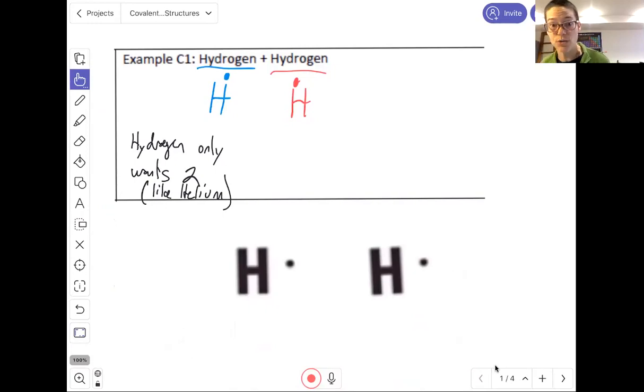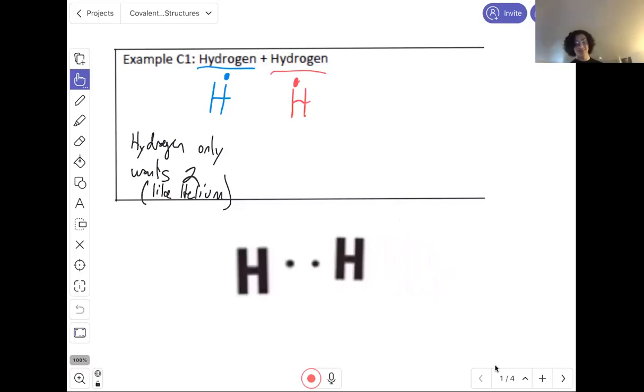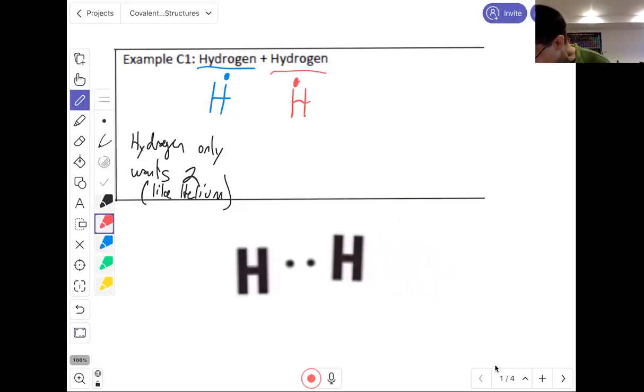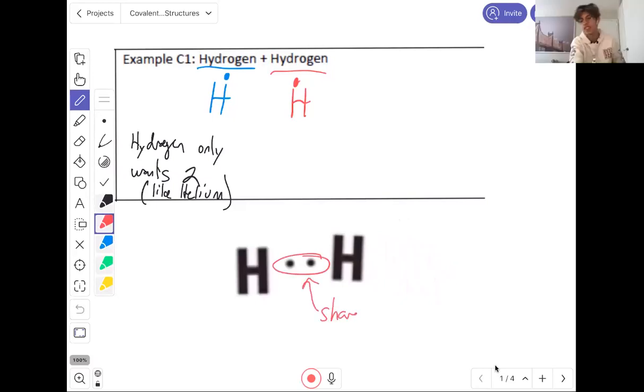So when I say that, you can imagine these like puzzle pieces, like literally if I flip this guy over and put them together like that. So this now is what we call the shared electrons. It's a little crooked. Thanks, Juan. So those are my shared electrons.